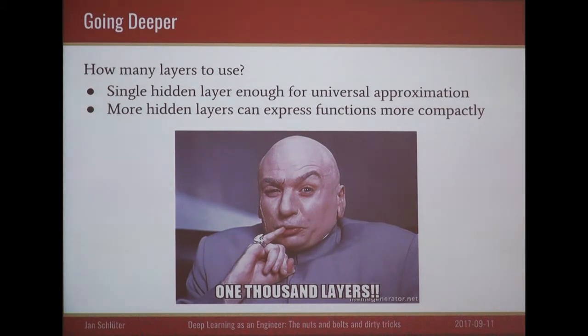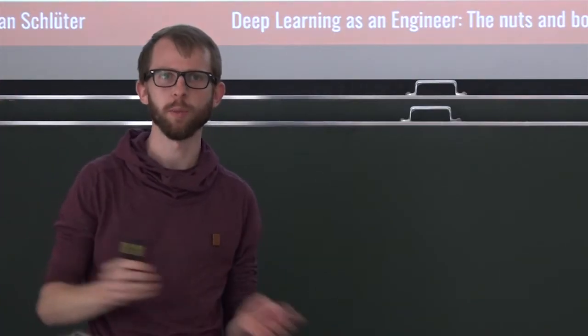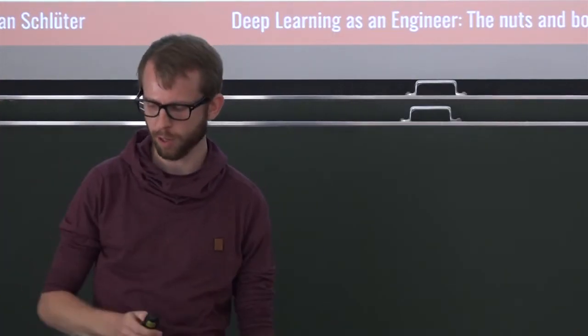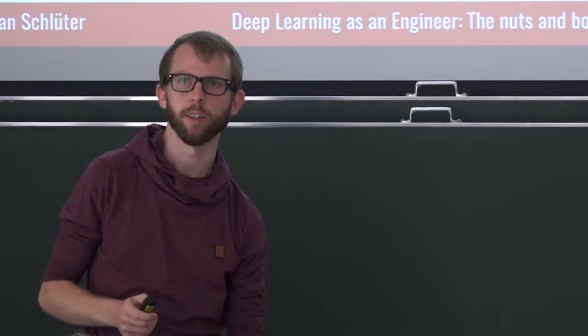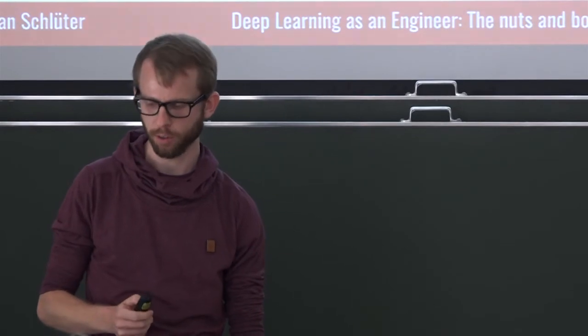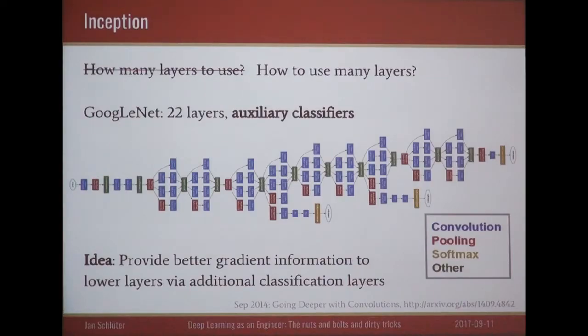So you can see some trend there, which is to use a lot of layers. And it seems nowadays that it's not always the best way to just use as many layers as you can. But still, we should probably use more than just 3 or so. And now the question changes a bit, how to use many layers. What GoogleNet did was to introduce some auxiliary classifiers.